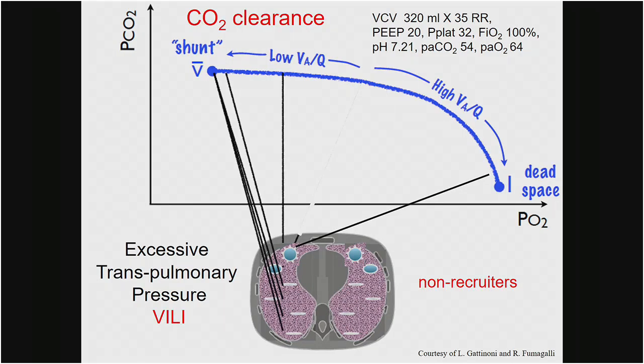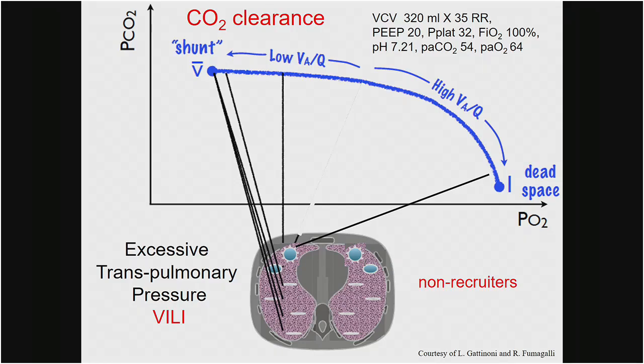Okay. We can also encounter patients that are not recruitable at all. So if we increase the PEEP, although we may correct the tidal volume, we may not achieve any lowering of the shunt fraction, and the patient will then experience more or persistent hypoxemia and worsening clearance of CO2.